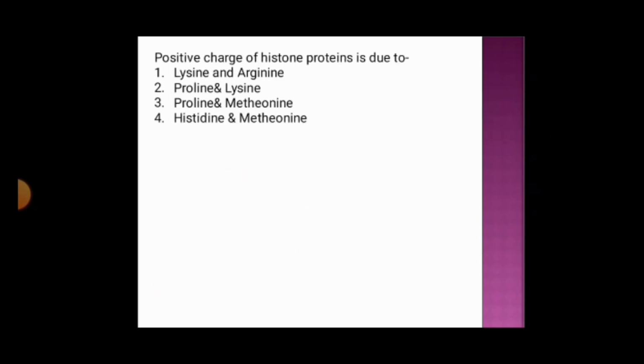Next question. Positive charge of histone protein is due to: option 1 lysine and arginine, option 2 proline and lysine, option 3 fluorine and methionine, option 4 histidine and methionine. The correct answer is option 1, lysine and arginine.